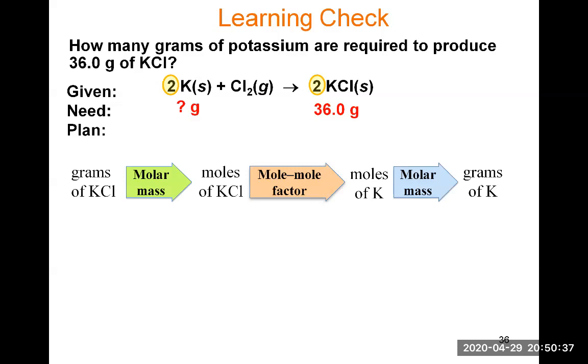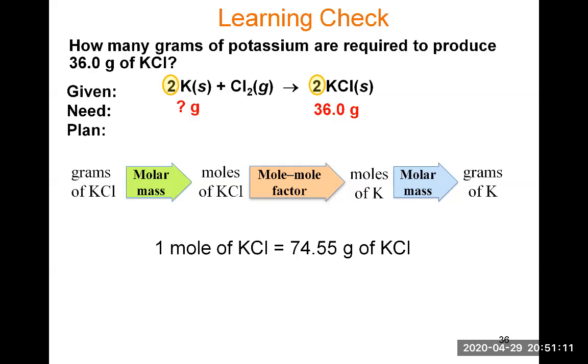So we need to gather the information, and first the molar mass of KCl. You take the molar mass of potassium, 39.10 grams per mole, plus Cl, which is 35.45 grams. Together, that makes a molar mass of 74.55 grams for KCl. Write this as an equality, like this is best.